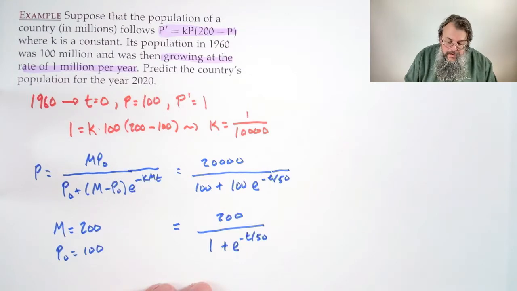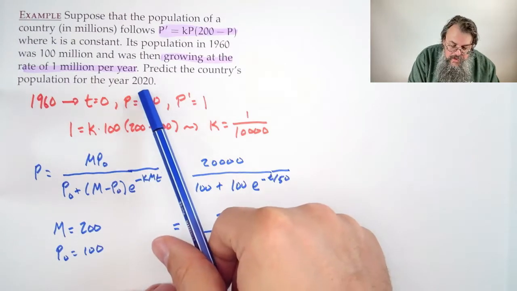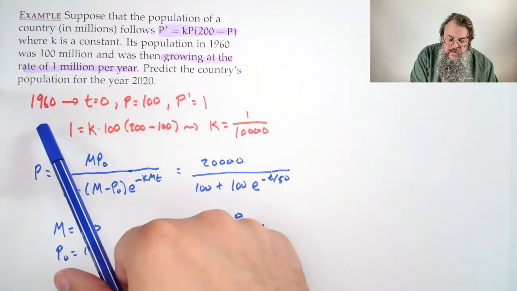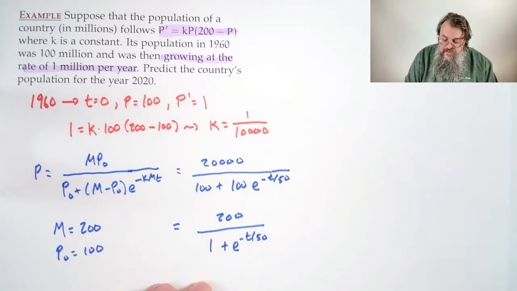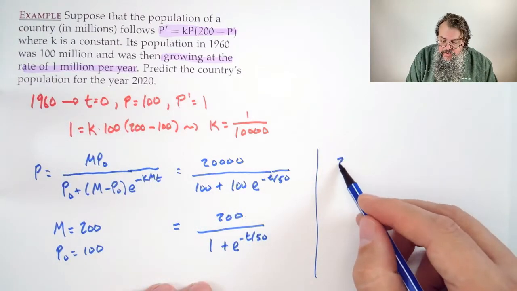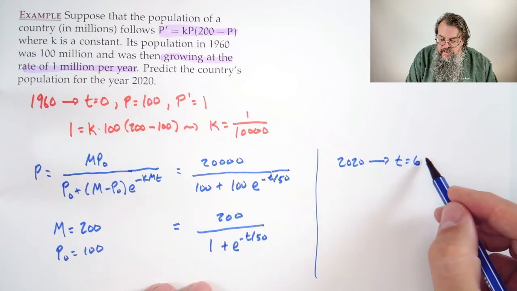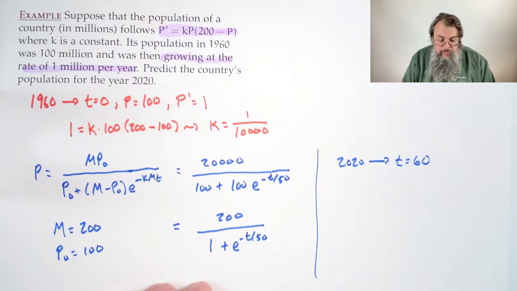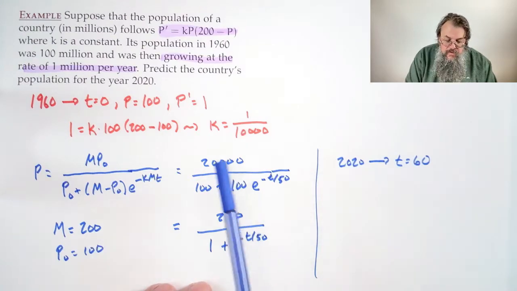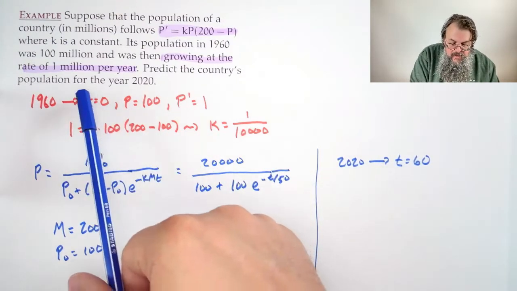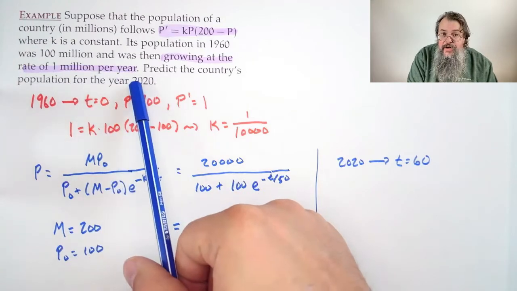Now, the last thing is, what is 2020? Well, 1960 was time equals 0, so 2020 corresponds to 60 years later, so think of that as time equals 60. And by the way, years is the right time measurement because it talks about the rates, million per year.